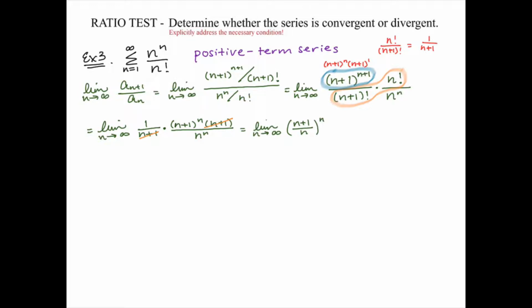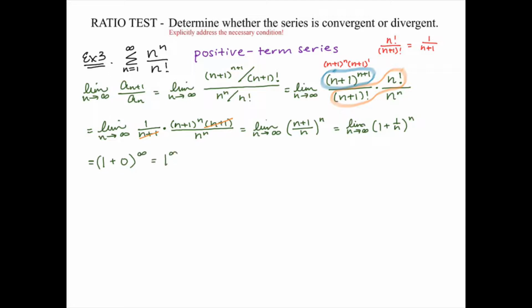I'm going to get an indeterminate form, but another way I could write this is the limit as n approaches infinity of (1 plus 1 over n) to the n. And now you can more easily see that when I plug in infinity, when I actually take the limit, I'm going to get (1 plus 0) to the infinity.